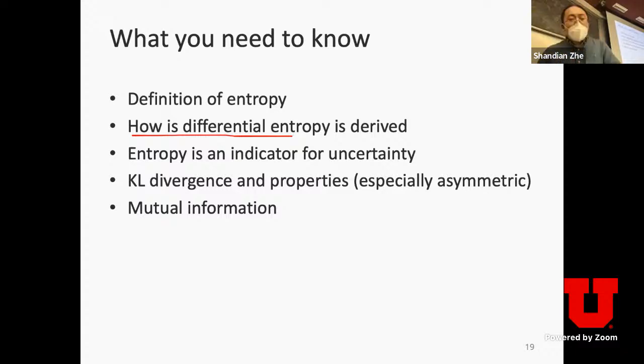Entropy is an indicator of uncertainty. And what's the definition of KL divergence and its properties, especially that it is asymmetric. And also the definition of mutual information. Okay, any questions regarding the definitions of these basic concepts?